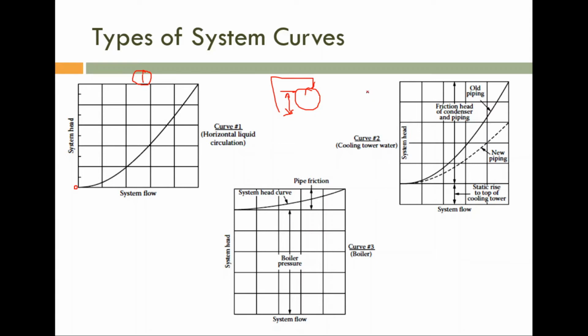And one more thing, here you can see that the system curve is not starting from 0. It is starting from the total static head. This value is the total static head. So if flow rate is 0, then the system curve is exactly equal to the static head. That is why I am saying it is starting from the static head.